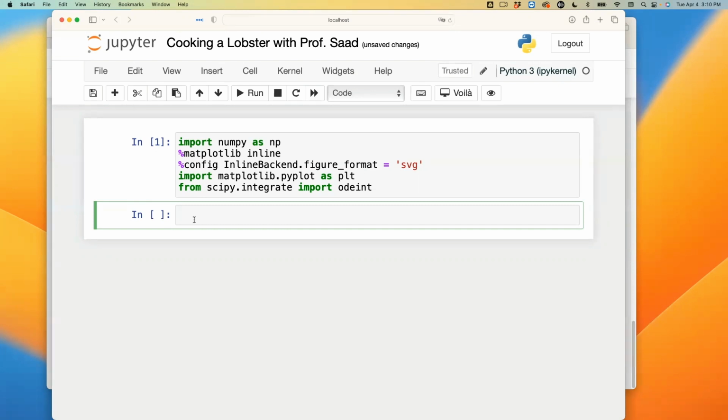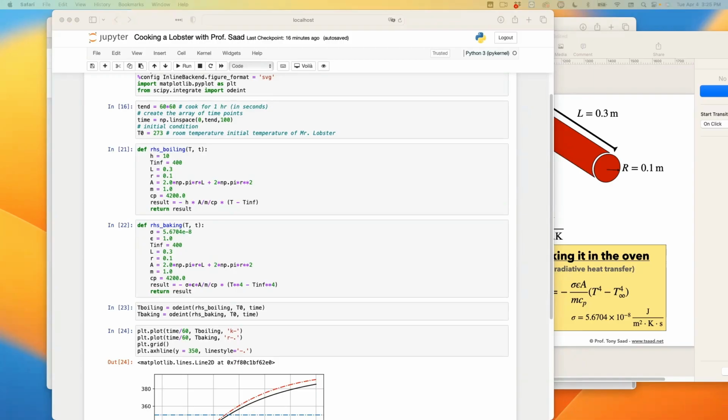T0 is 0, and T end is going to be 60 minutes times 60 seconds, because the time in the ODE is in standard units, seconds. So now I'm getting T end in seconds, for 1 hour.